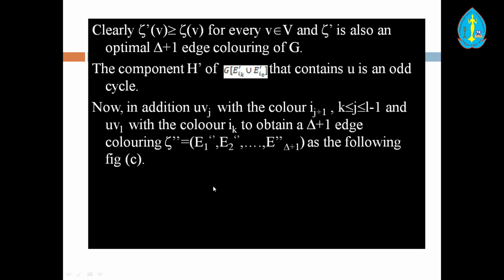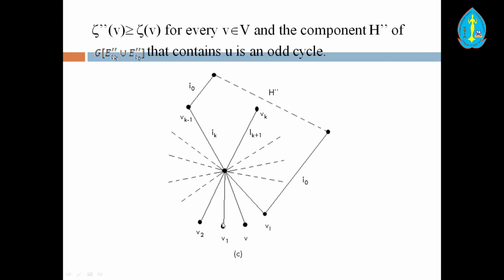Here UV1 is i1, UV2 is i2, and so on. Up to here, ik and i0 are represented at Vk minus 1. We consider the component H'' of ik'' and i0'' that contains U, which is an odd cycle, with vertices 1, 2, 3, 4 and 5.